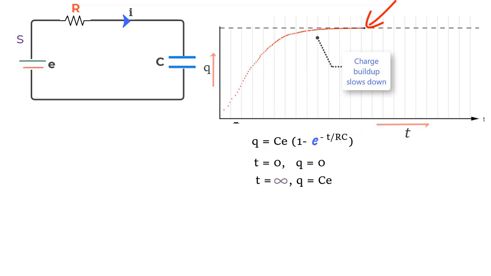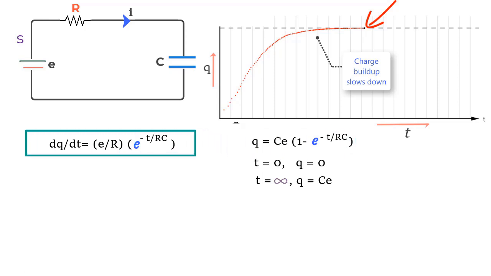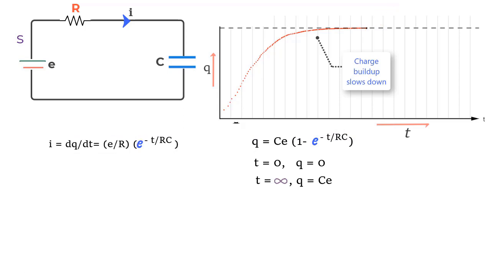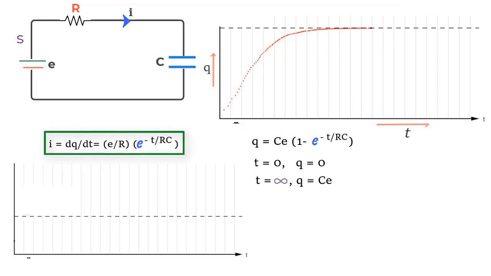Now if we take the derivative of this equation, that is find dq by dt, what we get is this expression. But then dq upon dt is nothing but the current in the circuit, so this actually shows how current varies with time. And if we plot this equation on a graph, this is what we will get.